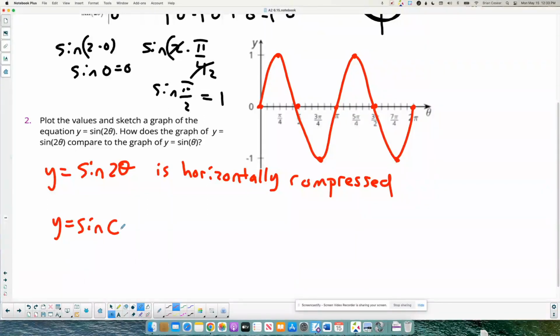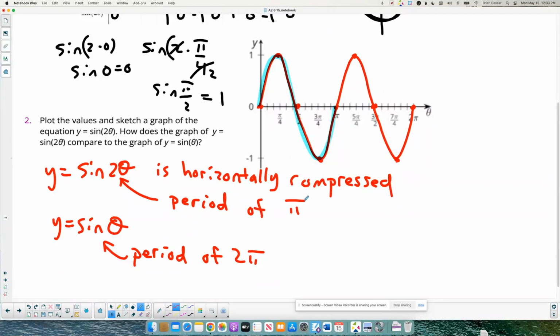Y equals sine of theta has a period of 2 pi. And what you notice here is your period length on this graph is pi. Okay? So this one has a period of pi.